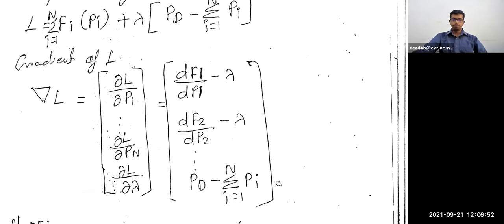So you can consider some values, some 400, some 200, like that. Whatever power generating values you have considered should satisfy the demand. If it is satisfied, then it will come as 0. That is, PD minus, say for example, 800 minus 800 will come as 0.